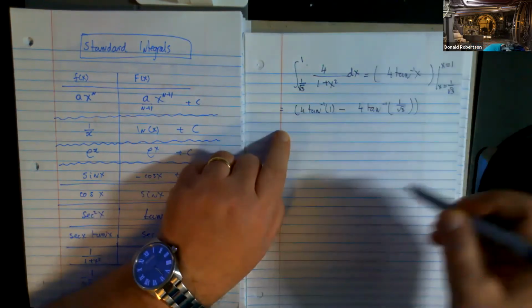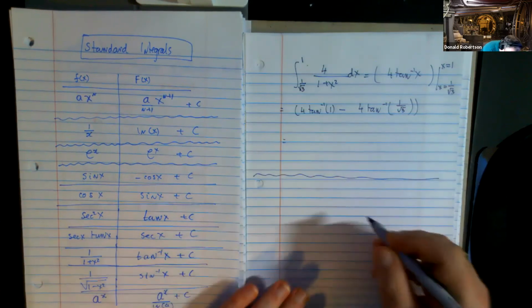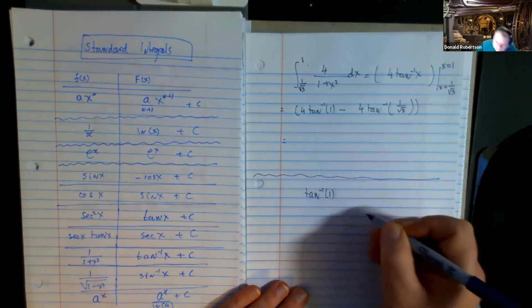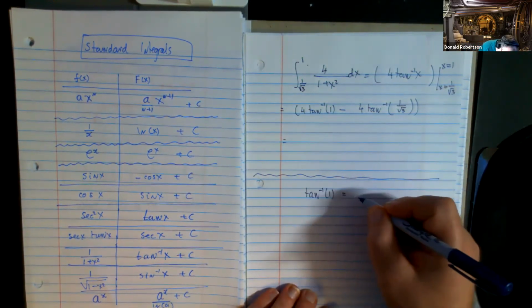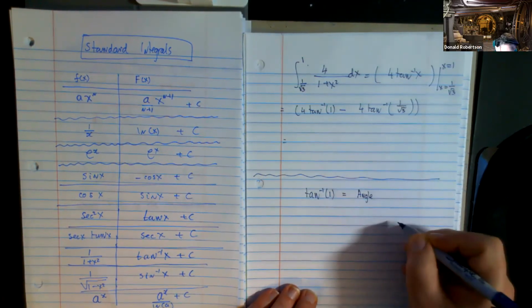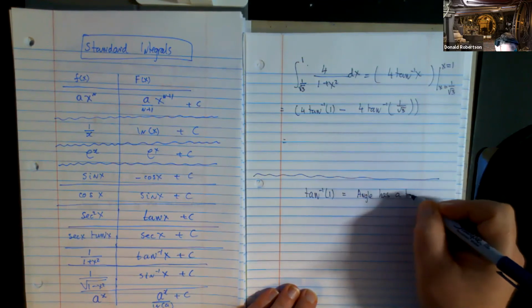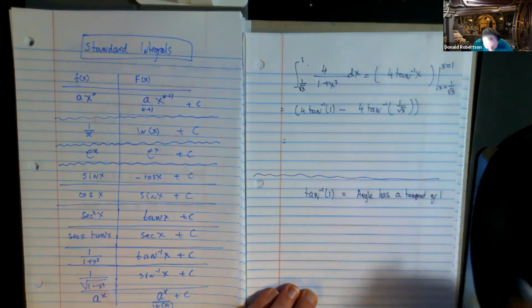So do a little squiggly line here. I need to find out what the inverse tan of 1 is. In English, that is what angle has a tangent of 1?